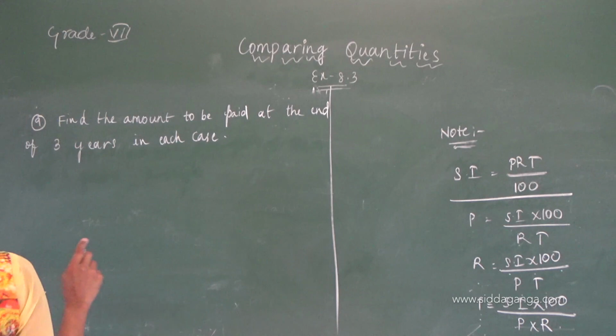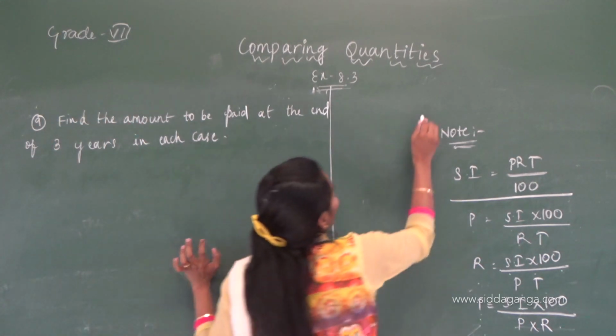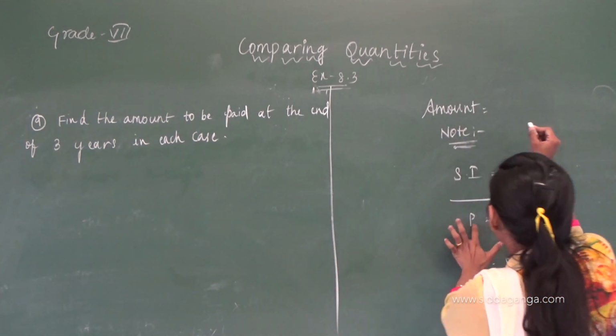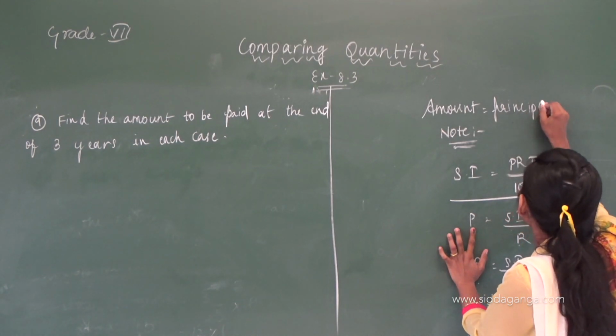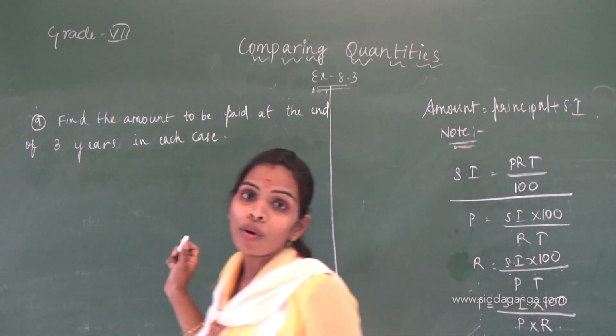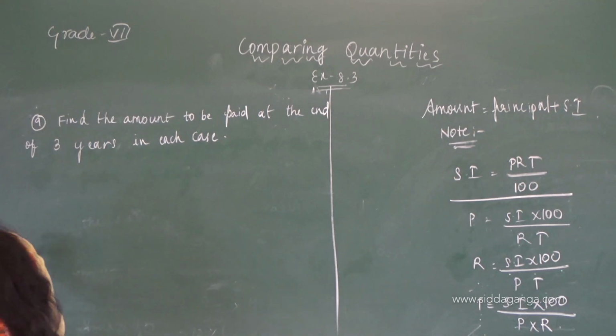What are they giving here? Find the amount. We know that amount is equal to principal plus SI. SI means simple interest. Here they are giving two situations.